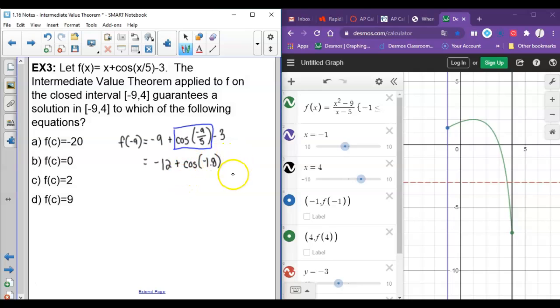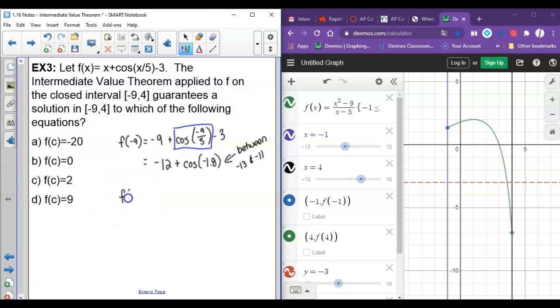The highest it could possibly be would be -11. So this is somewhere between -13 and -11, because we know cosine is no bigger than 1, or no smaller than -1.